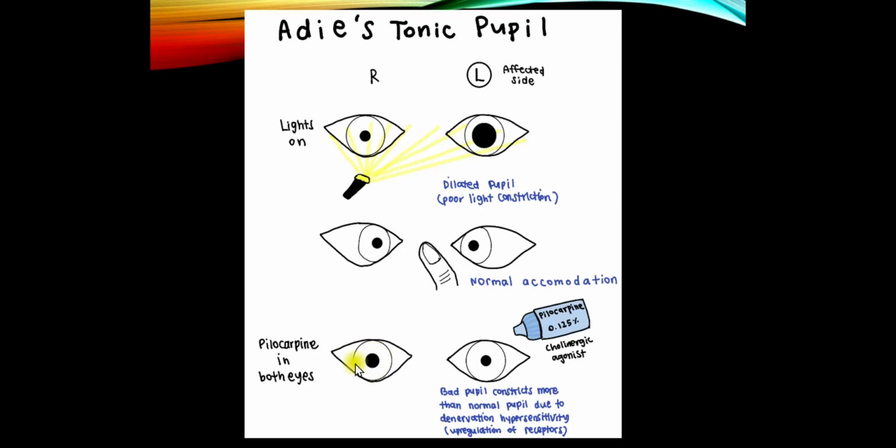Now when we shine the light in both eyes, maybe just have bright room lights on, or we use a flashlight or otoscope, notice that this normal pupil constricts a little bit, just like you'd expect. But this pupil is just stuck in this big position here. We have severe mydriasis. So light does nothing to the Adie's tonic pupil.